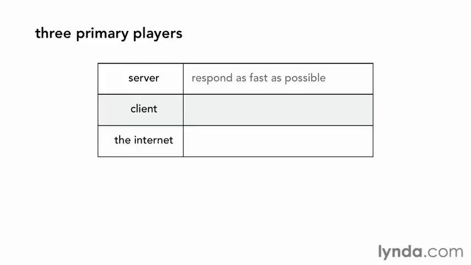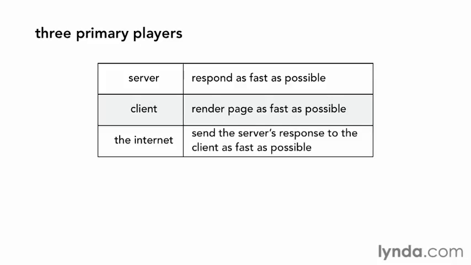The server is responsible for responding to a request as fast as possible. The client is responsible for rendering a page as fast as possible, which includes retrieving everything that it needs from the server in order to render that page, such as images and style sheets. Finally, the internet is responsible for getting the server's response to the client as fast as possible, and vice versa.